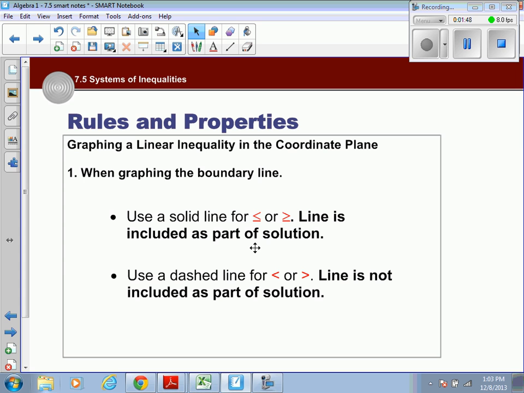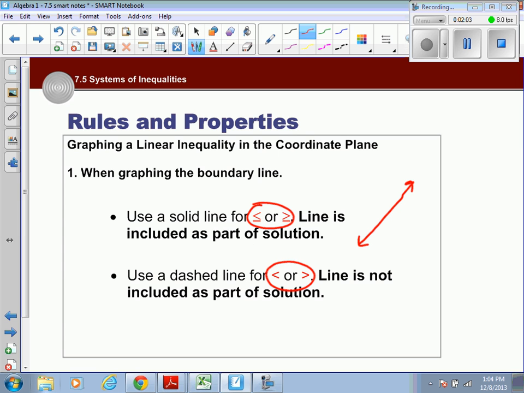If it's a less than or equal to or greater than or equal to symbol, then we would graph a solid line as our boundary line. But if it's just a less than or just a greater than, then that would indicate that the boundary line is not part of the solution set. And so we still need to have a boundary to go by for our shading. So we draw an imaginary or a dashed line to represent that.